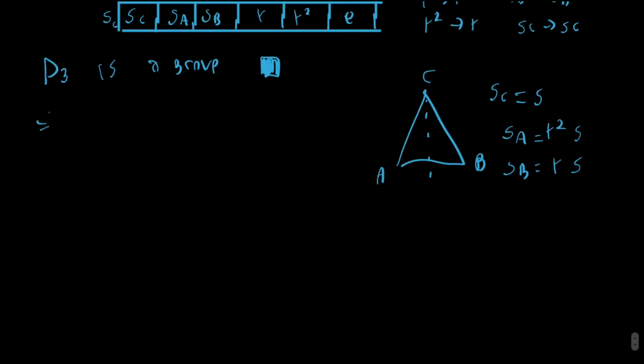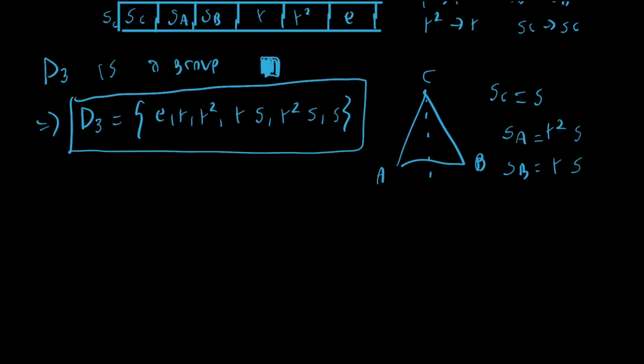So we have that our group D3 is comprised of E, R, R squared, S, R S, and R squared S. And so this is our dihedral group of order 6, the symmetries of an equilateral triangle.